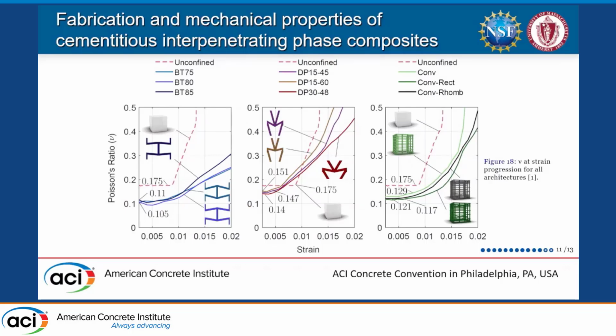And this behavior of the bow tie architectures compared to the double pyramids and the conventional reinforcing scheme is also explained using the Poisson's ratio or the dilation ratio in different strain progressions, which essentially means that the bow tie architecture succeeds in bringing down the effective Poisson's ratio. So we are lowering the effective Poisson's ratio of the composite, and we are also having a better performance in the nonlinear region through strain progression compared to the double pyramid architecture and the conventional one.